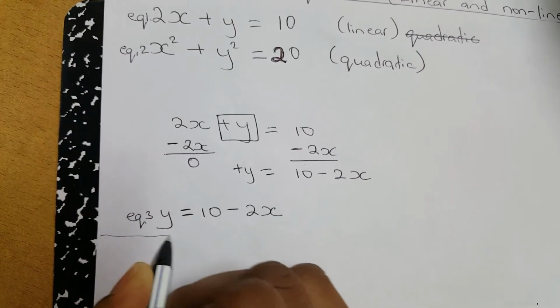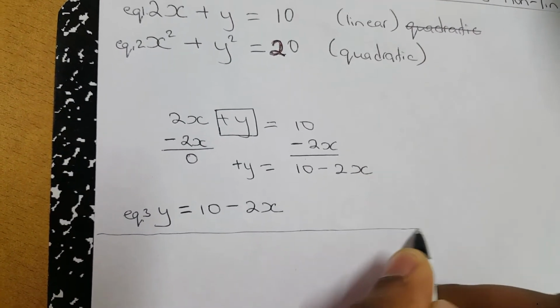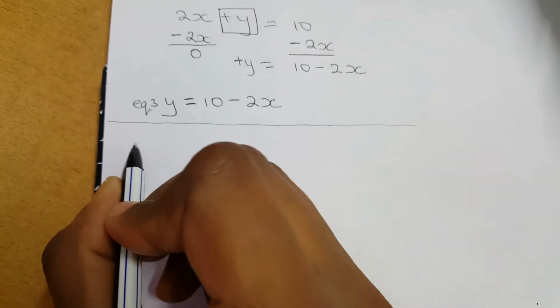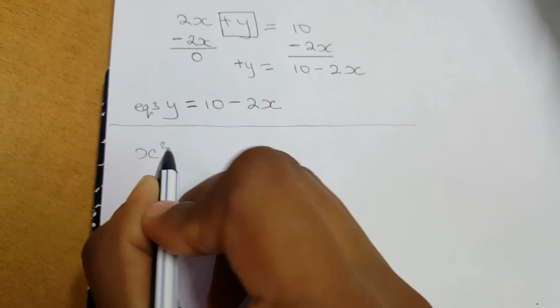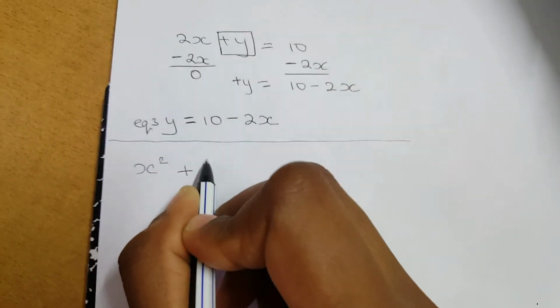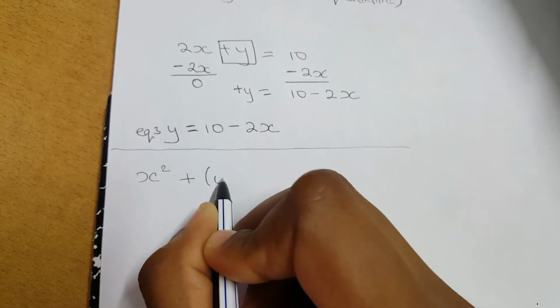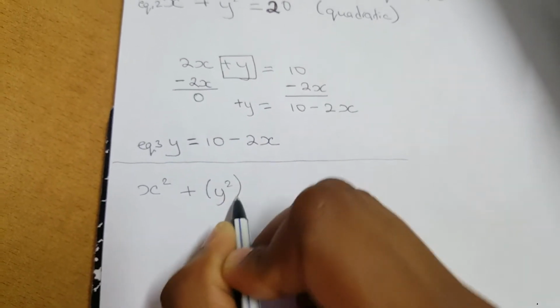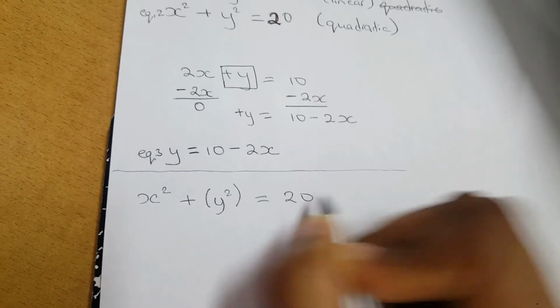Let me create a little section down here. Our original equation 2 was x squared plus y squared equals 20.